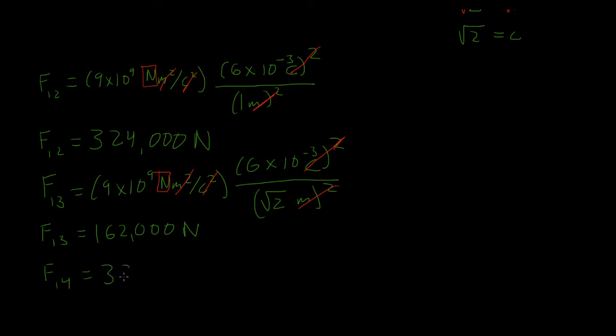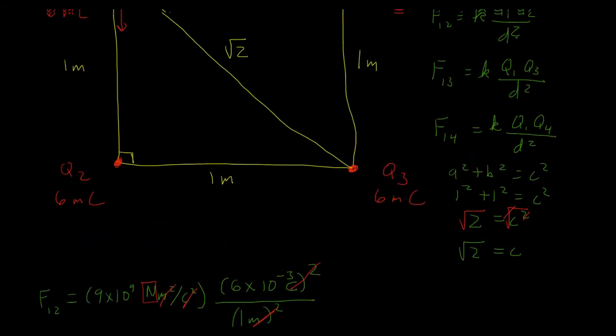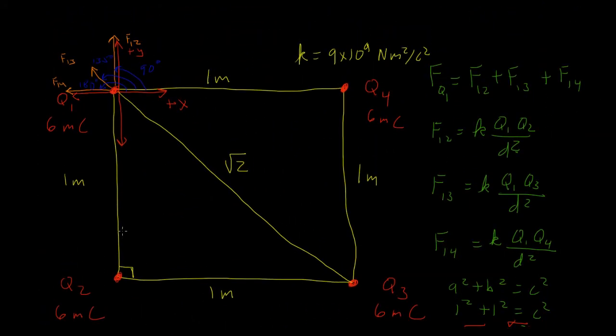It's going to be 324,000 newtons. Okay, the only thing different here is the direction. So 1 and 2 goes vertical in the positive y, and 1 and 4 goes horizontal in the negative x. But the magnitudes are the same, just the directions are different.